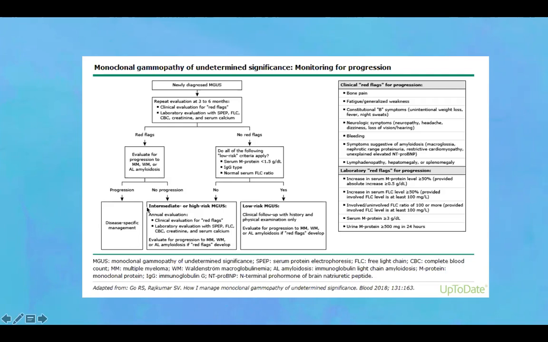If we don't see any progression, we're going to be having regular visits to make sure that nothing is wrong with the patient. And if we don't have any red flag, the patient has an M protein level less than 1.5, the IgG is normal, and there is a normal free chain ratio, the patient is going to have only physical exam and history.